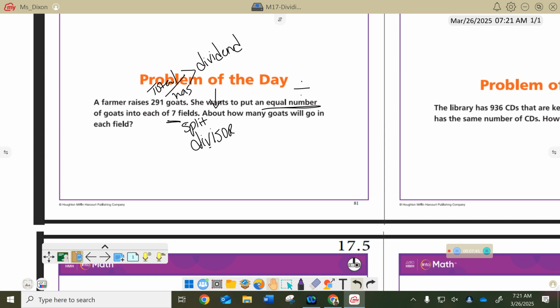About is a fancy word in math for estimate. Estimate is another way of saying round. So to solve this problem, we need to round our quotient.